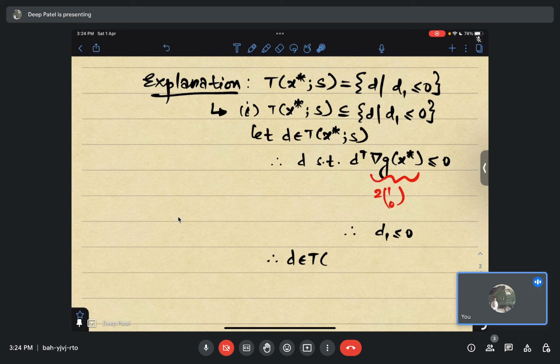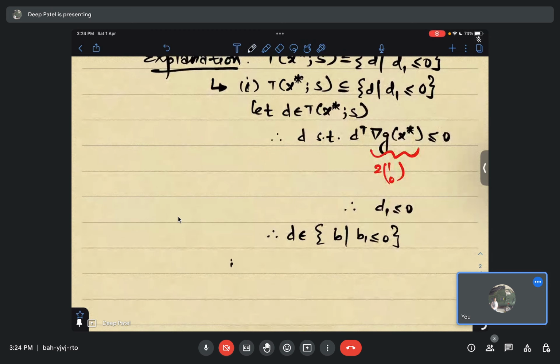Because we are looking at this specific x star point, the gradient happens to be 2 times (1, 0). So we get the consequence that d belongs to the set of d such that d1 is less than or equal to 0, right?